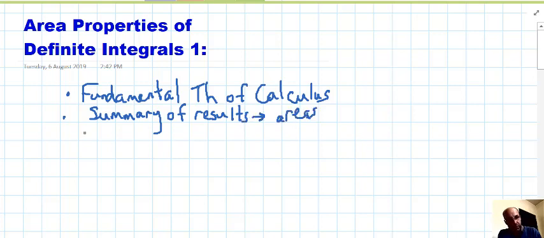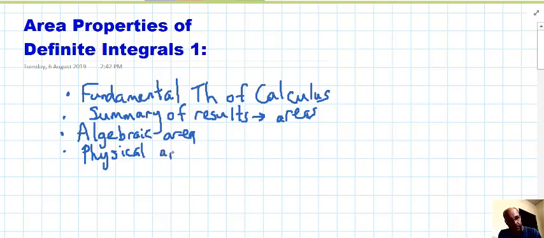We will look at the idea of algebraic area under a curve and physical area. So those are the things that we'll cover.